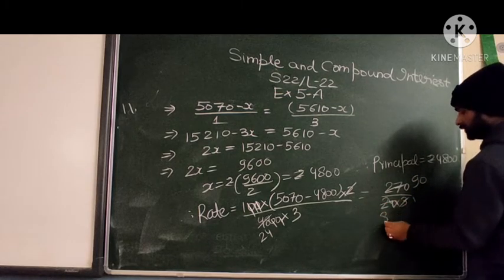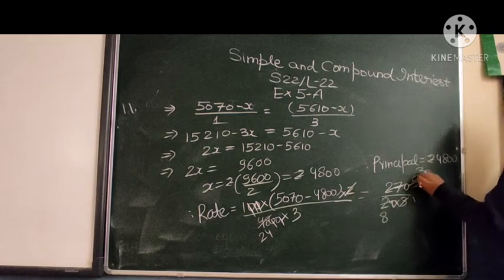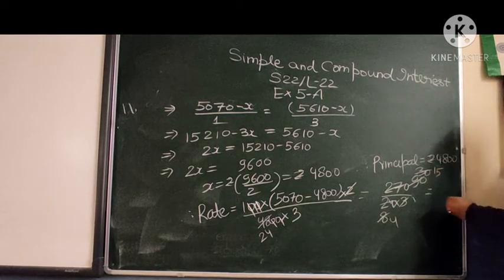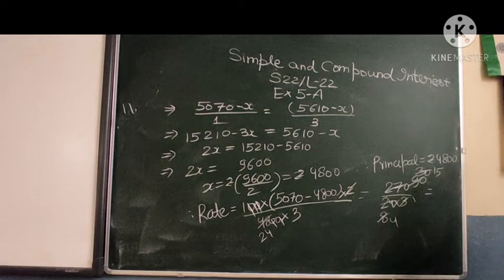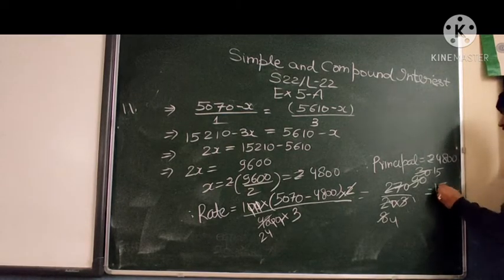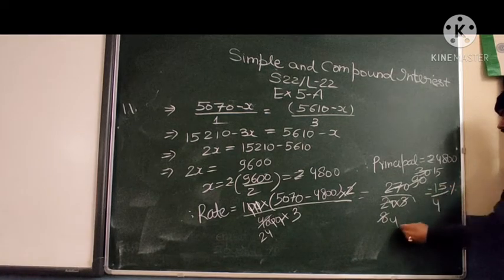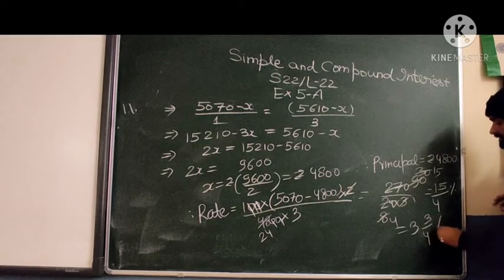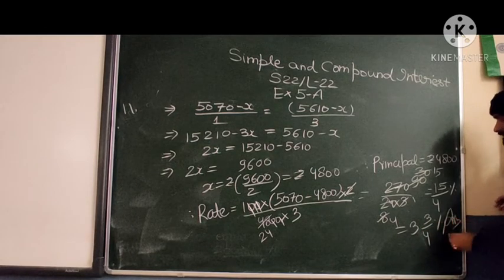And 30 by 8, or 2 fours are 8, 2 fifteens are 30, 15 by 4%. That means 15 by 4% is what? 4 threes are 12 and 3 whole 3 by 4%. That is the rate, and that is the answer also.